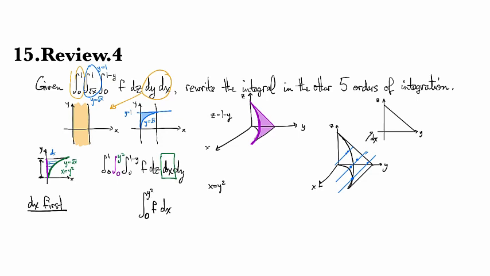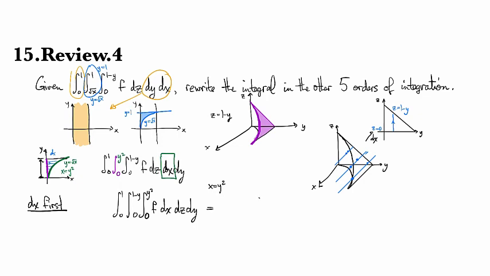And now let's do dz dy. If we do dz first, then we're going to be integrating this way, so we go from z equals 0 up to z equals 1 minus y, and then I'm going to pick up 0 to 1 for y.